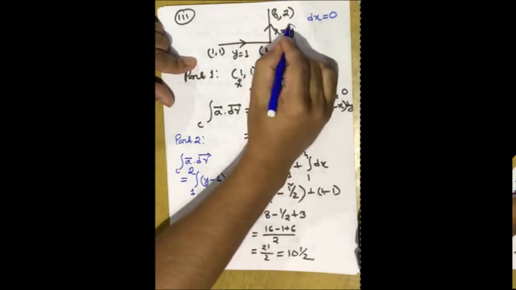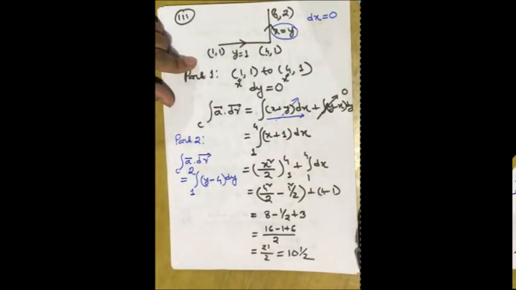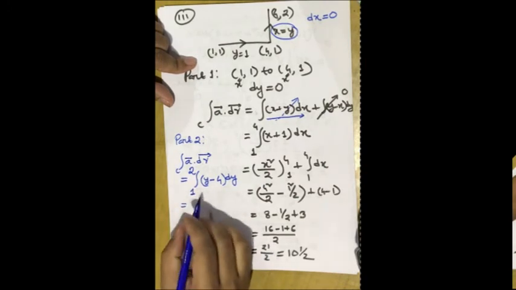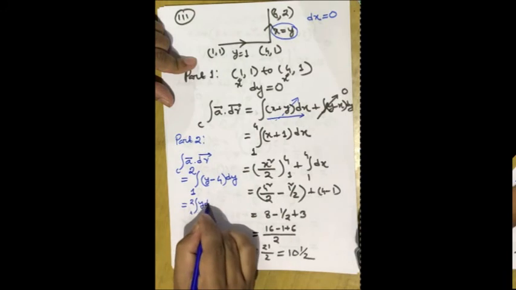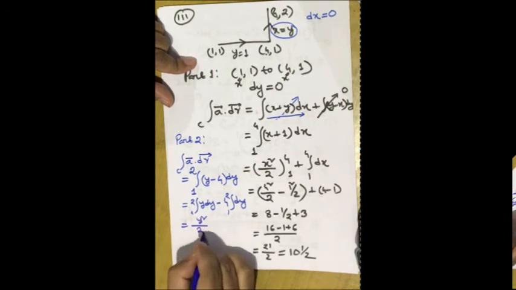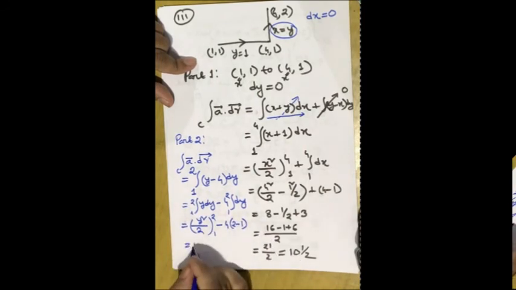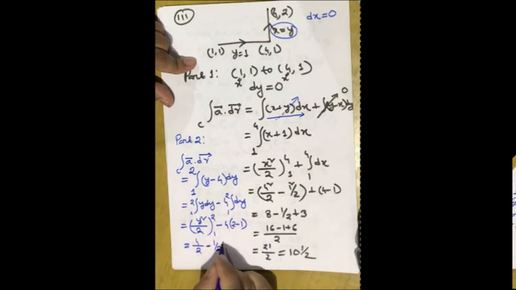So we can write the integral from 1 to 2 of y dy minus 4 times the integral from 1 to 2 of dy. The first part gives us y squared over 2 from 1 to 2, minus 4 times (2 minus 1). This is 4 by 2 minus half, minus 4, so 2 minus 4 minus half, which gives minus 2 1/2.